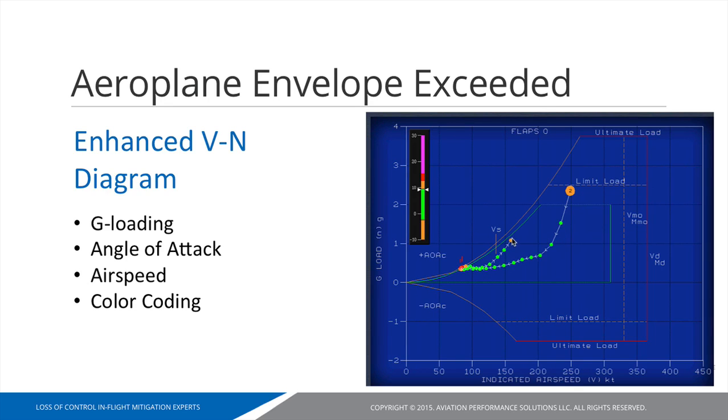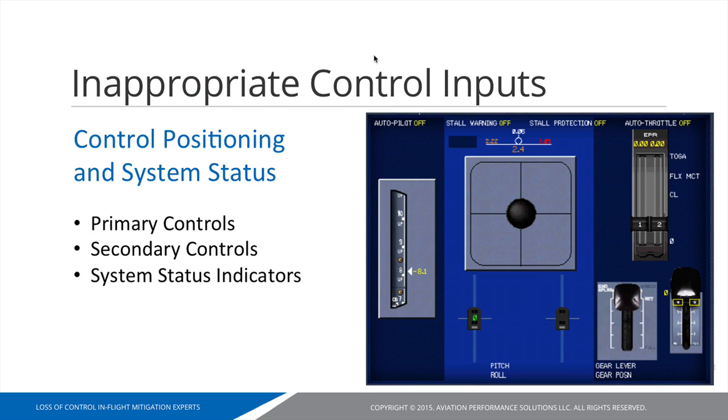As they start turning amber, it's a risk area, and red means that some parameter defined by the simulator manufacturer for that maneuver has been exceeded. And the plots will help cue the instructor as to what to think about and talk about in the debrief. So we can show here G loading, we talked about angle of attack and margin of safety, airspeed, and we understand now the color coding.